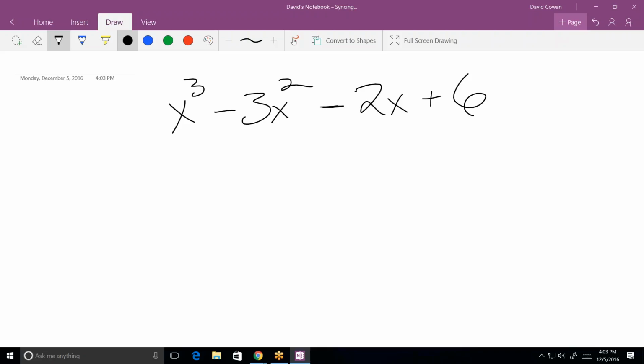We could say, okay, the numerator has to be a factor of 6, and the denominator has to be a factor of 1. But this cubic, grouping. A very, very small percentage of cubics you will be able to solve by grouping. And the only reason you can solve it by grouping is because the ratio of this coefficient to this coefficient is the same as the ratio of this coefficient to that coefficient.